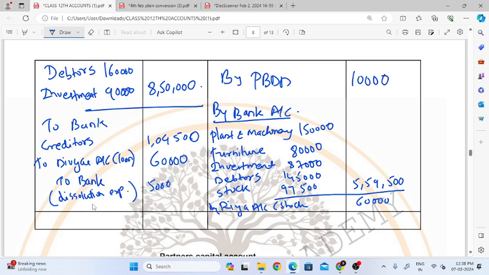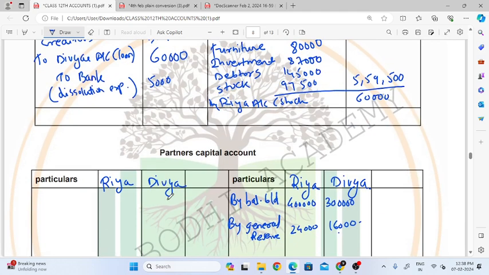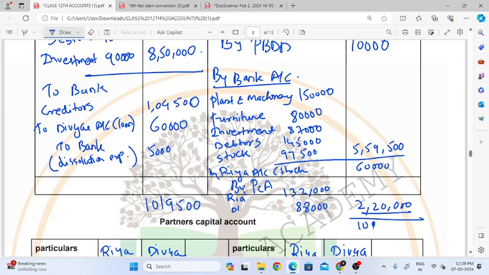Now we have to tally and check how much we are going to transfer to the partners' capital accounts. Here I am getting 10,19,500. Whatever the balancing figure we are getting for Riya and Divya is 1,32,000 and 88,000, which comes to 2,20,000. So the total on both sides will be 10,19,500.